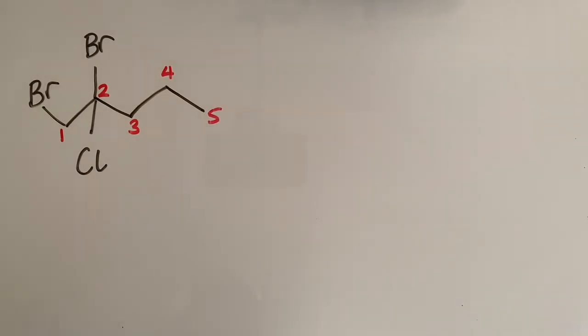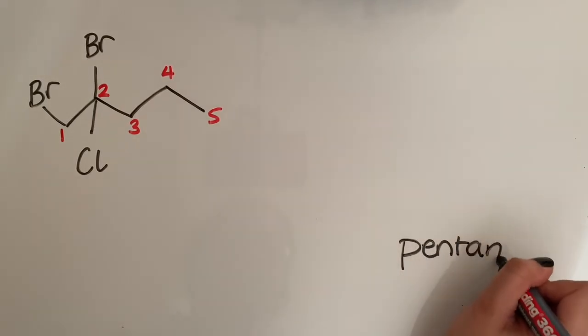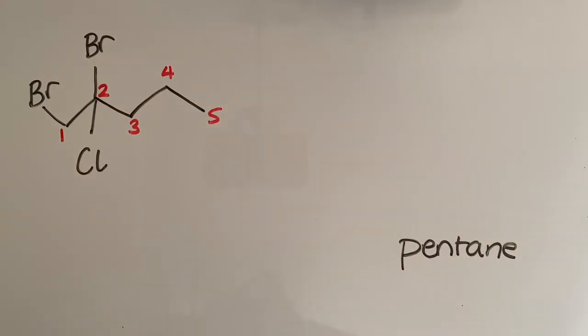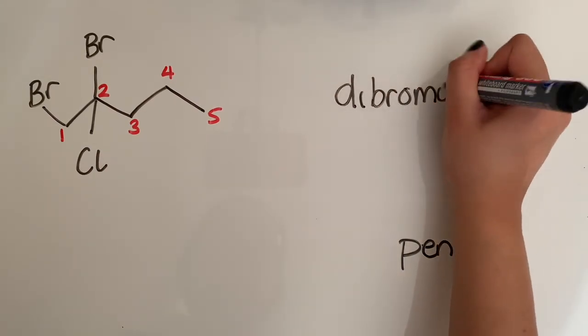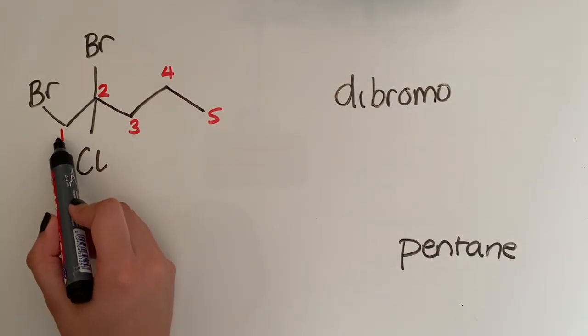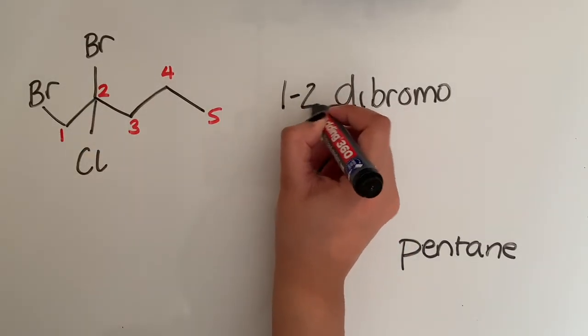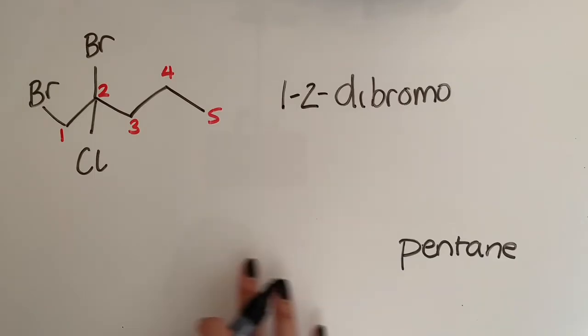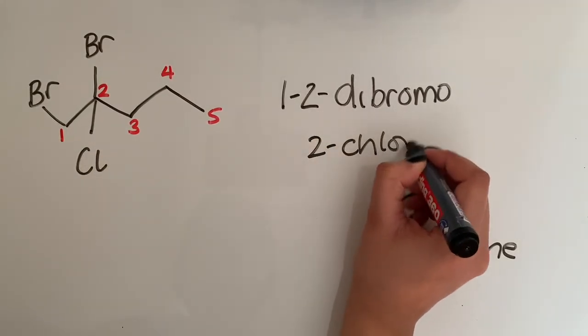There are only 5 carbons in this entire chain, so it's going to end in pentane. We've now got 2 bromo groups and 1 chloro group. The bromo is going to be dibromo because we've got 2 of them. And it's going to be 1, 2, because one's on 1 and one's on 2. I'm not listing them in the name yet, so I just want to write them out first. And then we've got a 2-chloro.